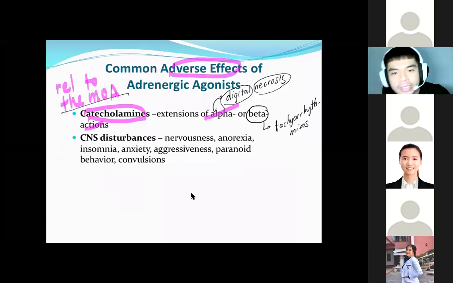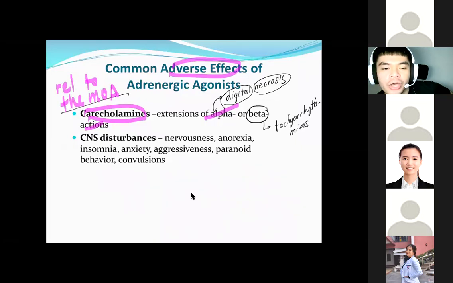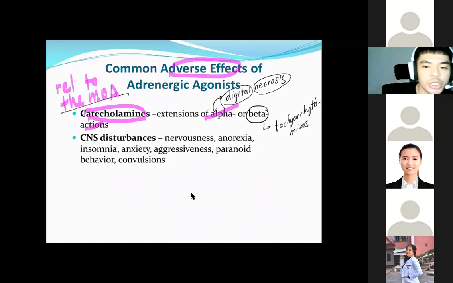Okay? Next, in some situations, there could also be CNS disturbances, and this is applicable to non-catecholamines. Question, bakit applicable ang CNS disturbances sa non-catecholamines? What did you learn yesterday? What did I tell you? Ang mga non-catecholamines, can they enter the brain?